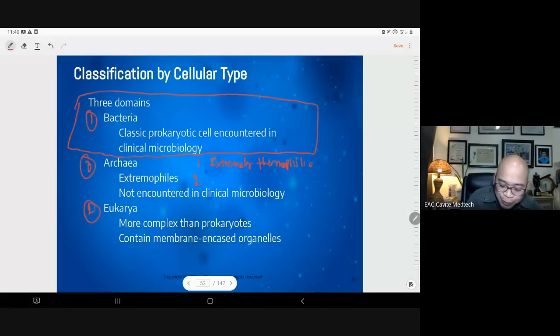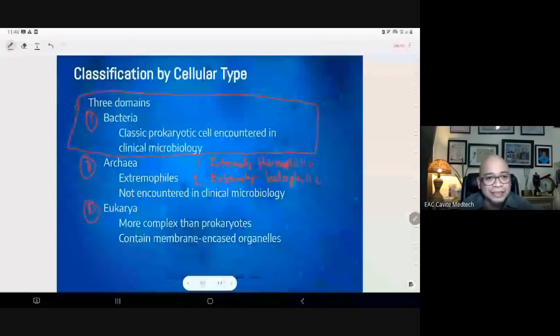And then we have the extremely halophilic organisms. When you say extremely halophilic organisms, these organisms live in an environment with high salt concentration.